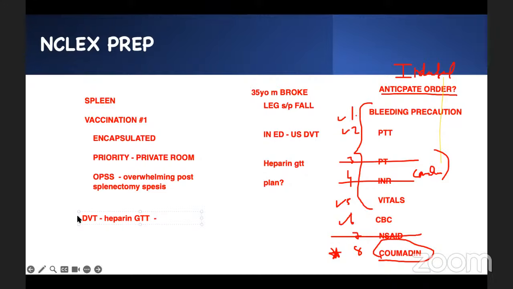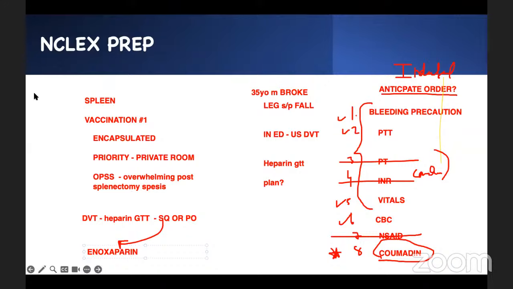So if you have to go home, you've got to take something sub-Q or PO. If we want to send somebody home with something sub-Q, we'll start with enoxaparin right away. So enoxaparin to treat the DVT, which is lower molecular weight heparin.